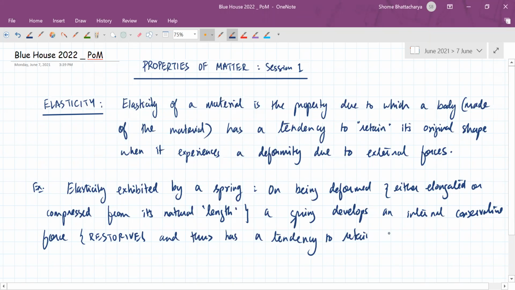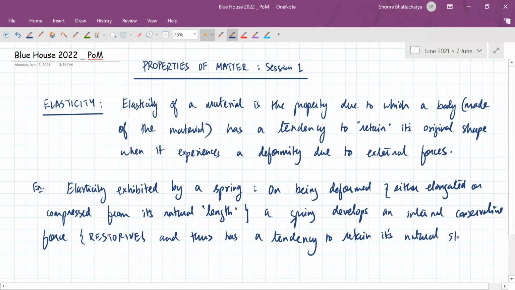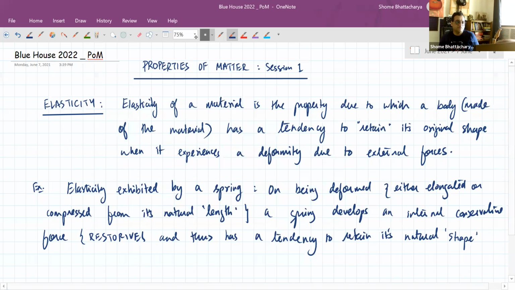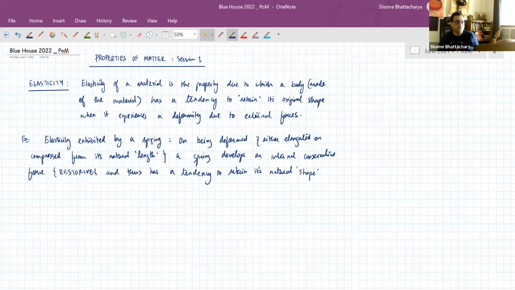So F is equal to minus kx. That restorative force of the spring, or the tension that it develops, is directly proportional to the extent of the deformity but opposite in direction. Hence the minus sign. That's Hooke's law applied to a spring. That tendency is what we mean by the elasticity of the spring. Just make a note of this definition.